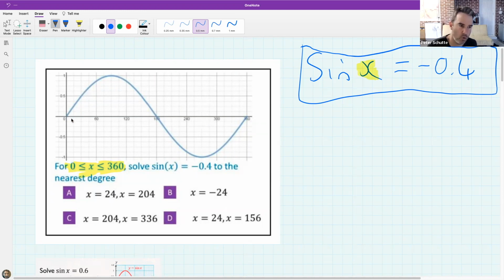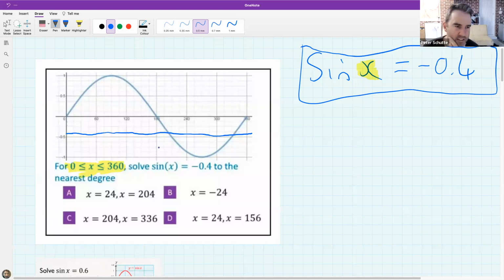If I look at minus 0.4, I was thinking that minus 0.4 would be about here. It's actually not perfectly on there, but it's going to be somewhere around here. It feels to me like it's going to be somewhere in this neighborhood, because we know it's when the sine of x equals minus 0.4.